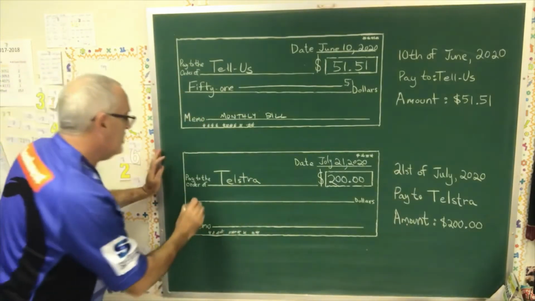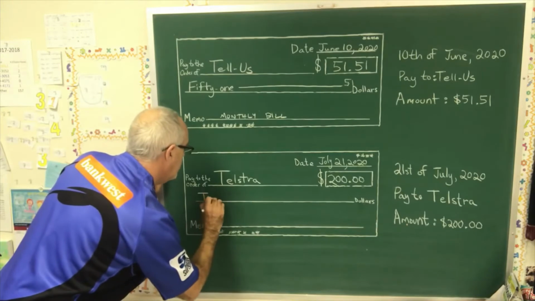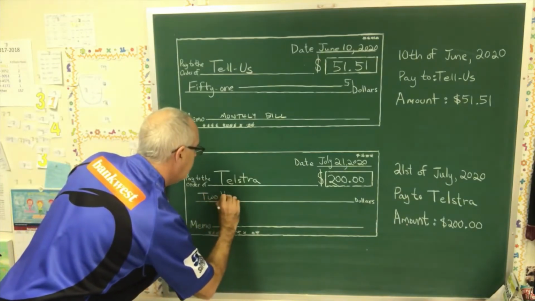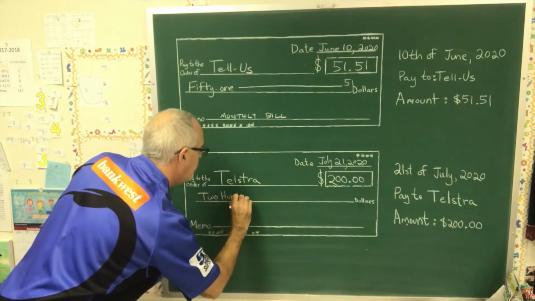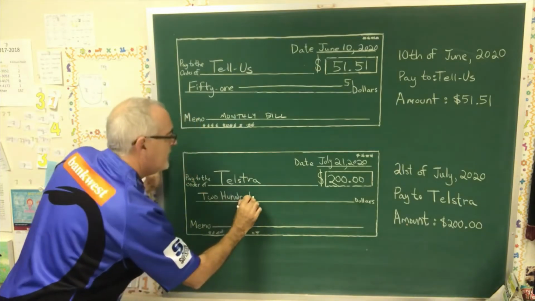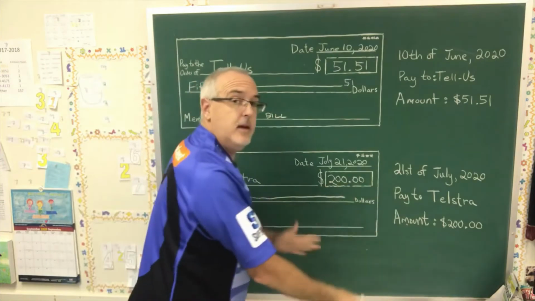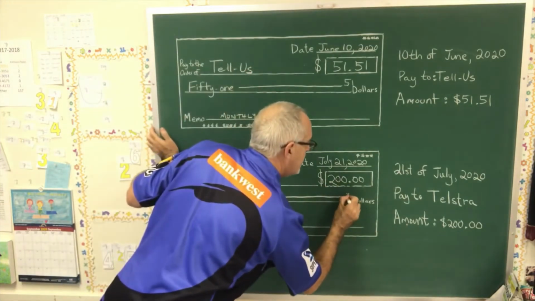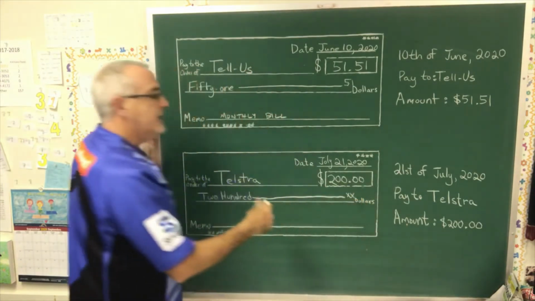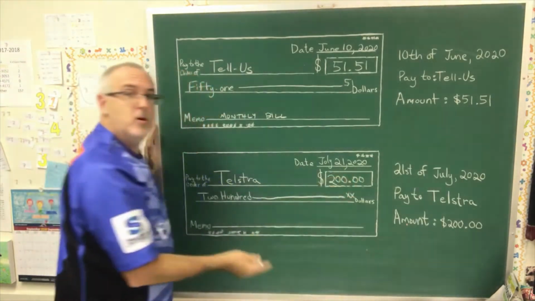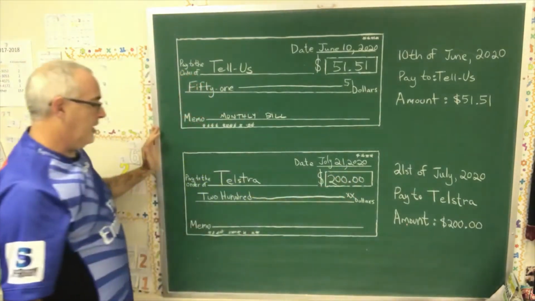Writing the amount in words, I'm writing 200, draw my line, and because it's $200 even, what I do is I put XX to show that it's 0.00 and match the amount that's written in this box.